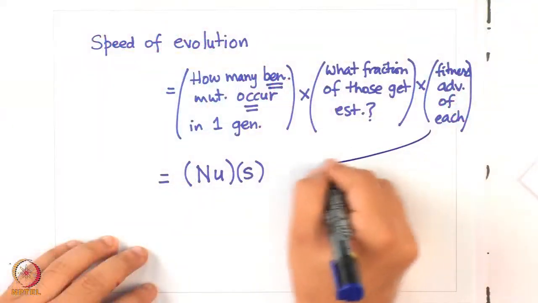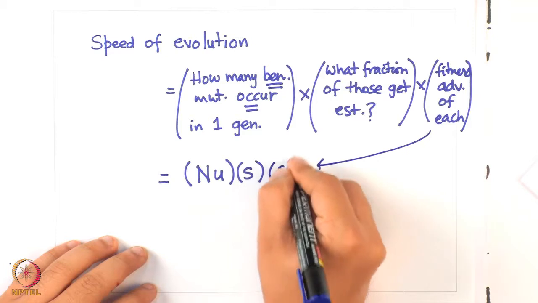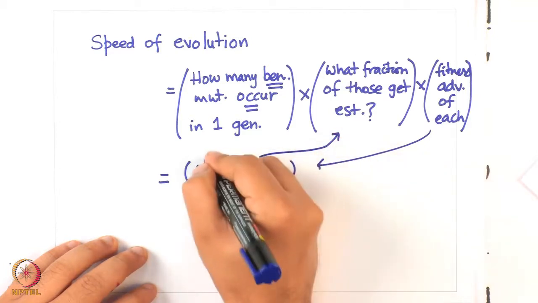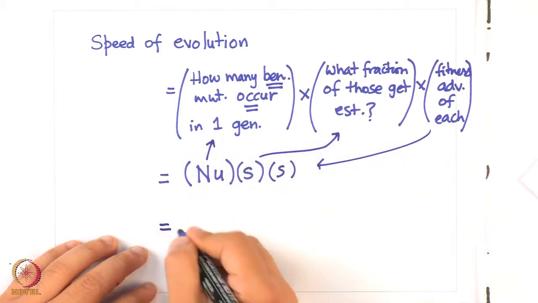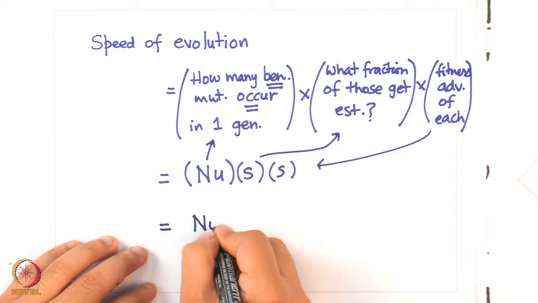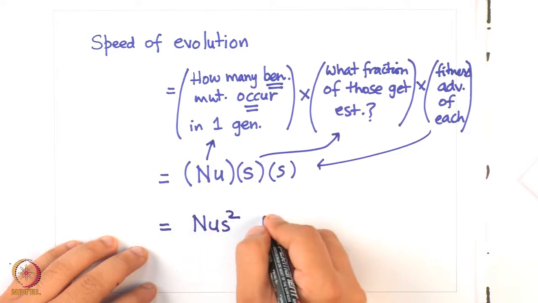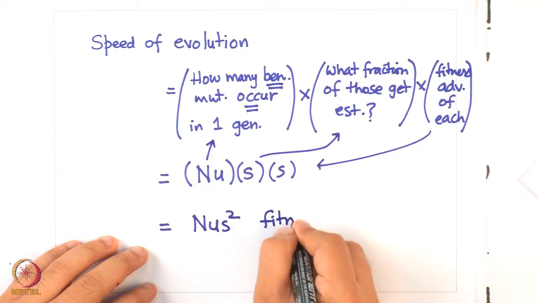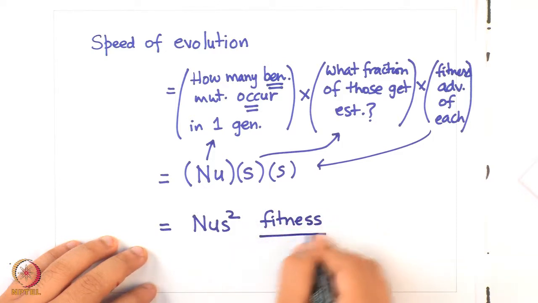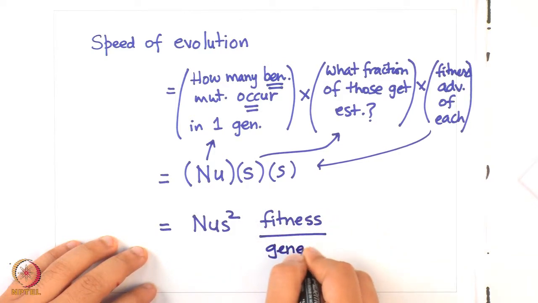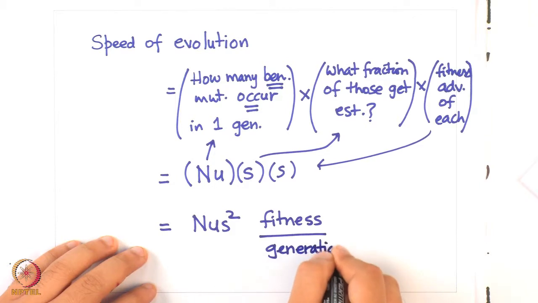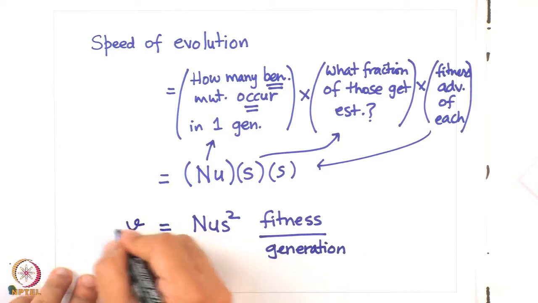So, this quantity will again be S. And this just gives me the speed of evolution: NU S square fitness per generation, which is V.